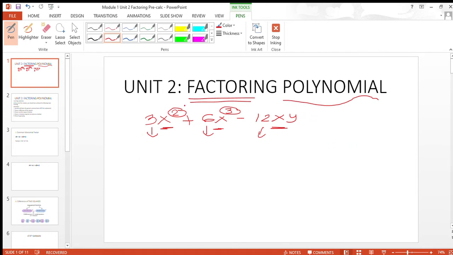Therefore, if we want to factor a polynomial from a sum or difference, we would now like to create a product. And each element in our product is what we call our factors, or a factor. This is a factor, this is another factor. And of course, whenever we are factoring a polynomial, we want each factor to be in its simplest form. So when we say in its simplest form, it can no longer be factored in any format.